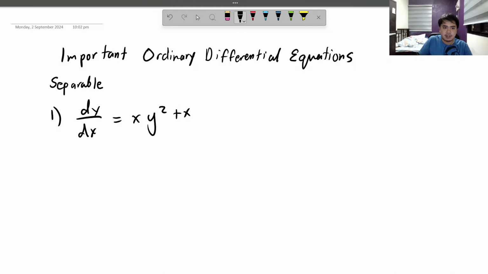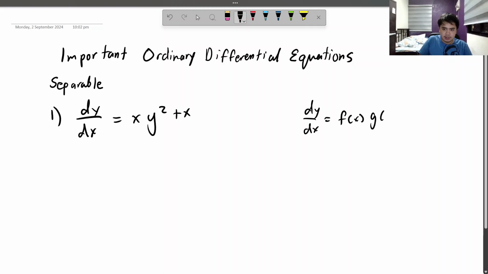So a separable equation is of the form dy over dx equals f of x times g of y, or maybe f of x dx plus g of y dy equals 0, or something of the sort. Basically, the important thing here is that x and y can be separated, which means that we can move these around without much drama.